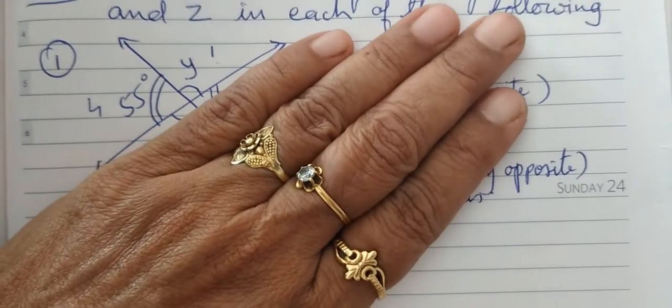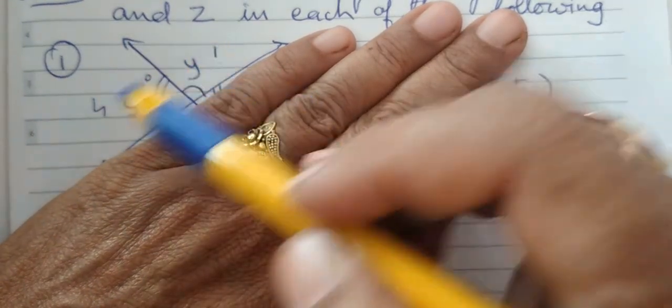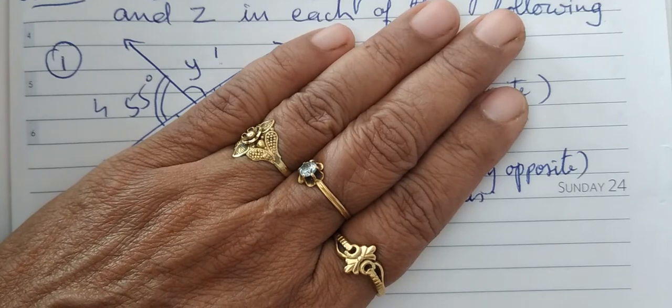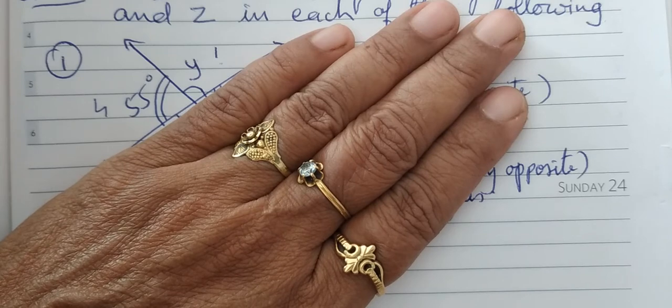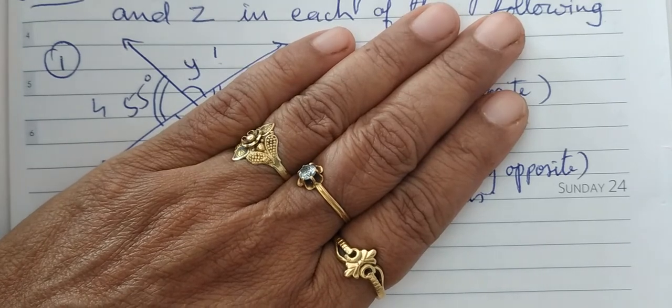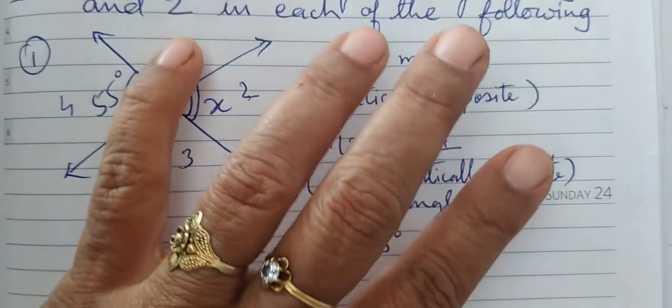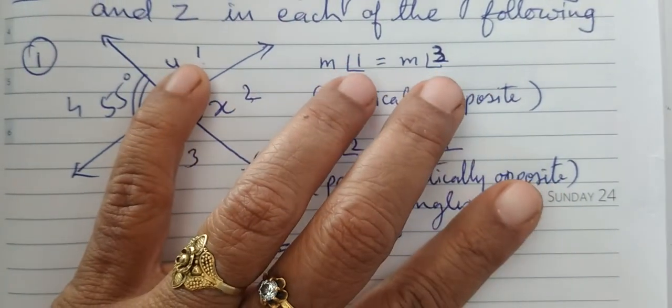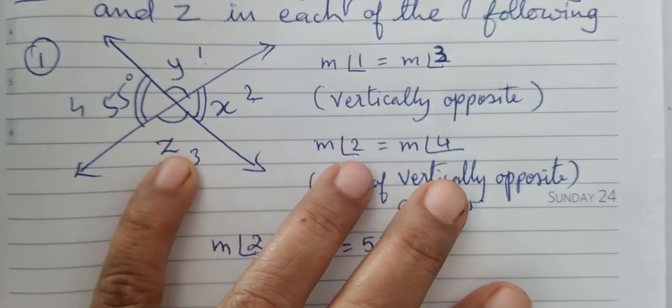If I close this part, then angle 1 and angle 4 are a linear pair. That is, angle 1 plus angle 4 is equal to 180 degrees. So y plus 55 is equal to 180 degrees, and y is equal to 180 minus 55, and that gives you measure angle y. Angle 1 is equal to angle 3, so whatever measure you get for y, that will be z.